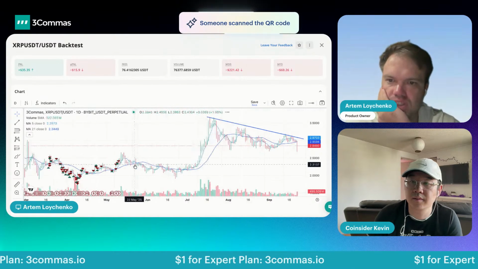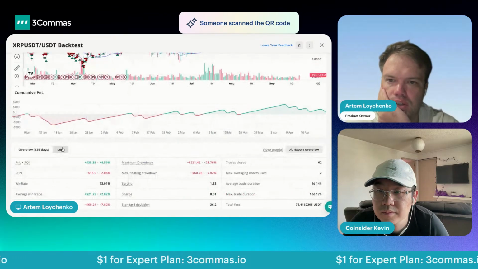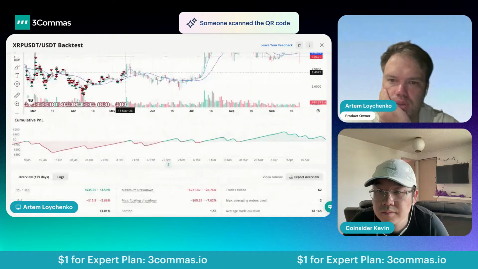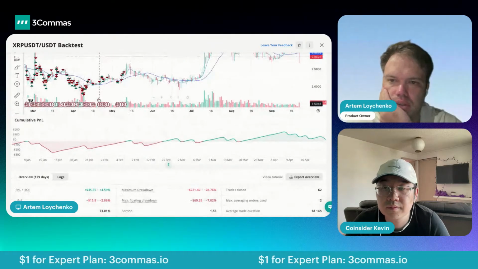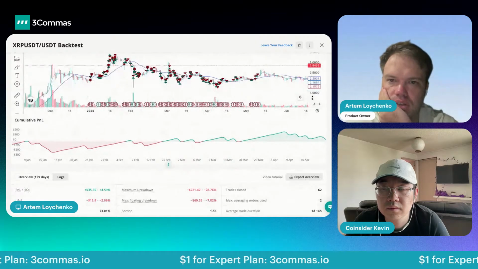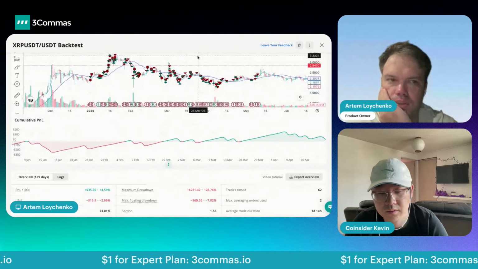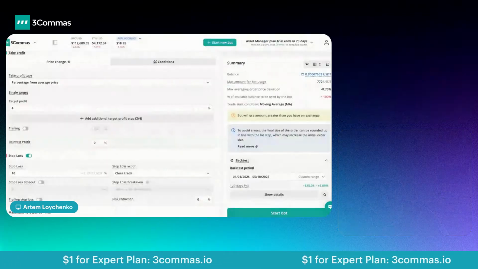Got it. Yeah. Interesting. Okay. A lot of trades. And I think I got it wrong. Yeah, I wanted it to be from 15th of January, and I did it wrong, right?